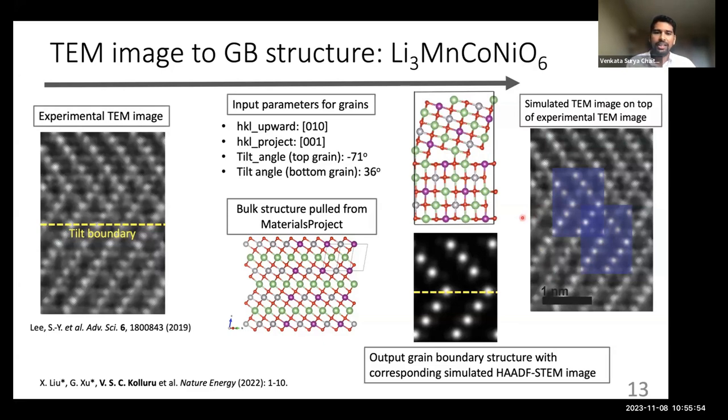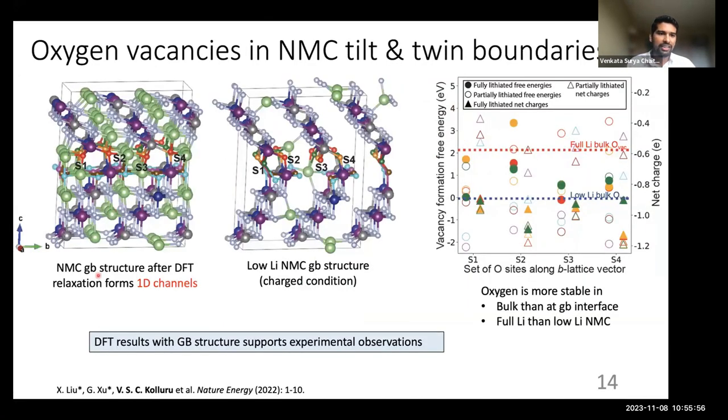So now we go ahead and use this structure to perform DFT calculations and calculate the oxygen vacancy formation energies in the grain boundaries. We do this in the fully lithiated structure, and we also remove the lithium to mimic the charged condition of the battery, and calculate the oxygen vacancy formation energy. And interestingly, we find that the oxygen is more stable in the bulk, and the oxygen vacancy formation energy is much lower in delithiated grain boundary structures.